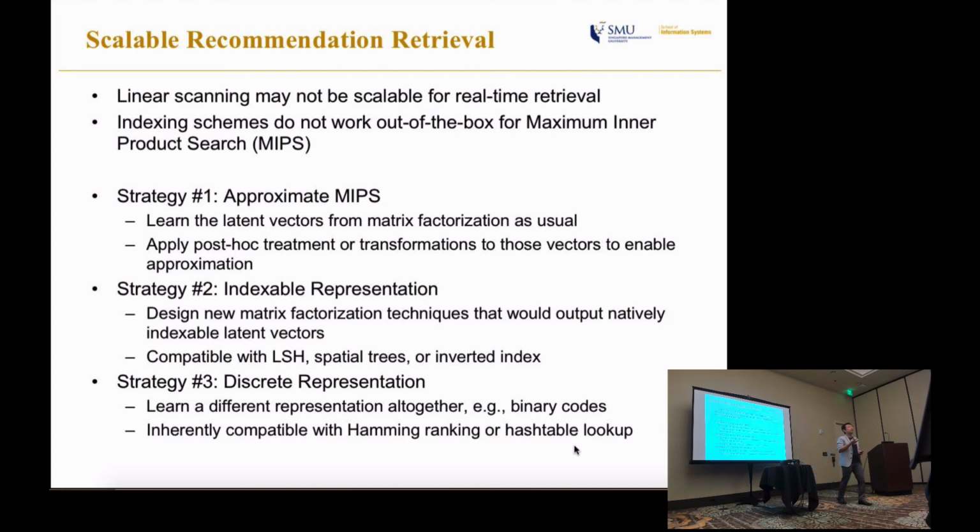It's a special case because it focuses only on binary codes. And in that way, it achieves a certain level of compatibility with some of the indexing schemes, while in that sense, it may not work with some of the other indexing schemes like spatial trees and inverted index, but it probably does achieve the purpose of having fast retrieval as well.